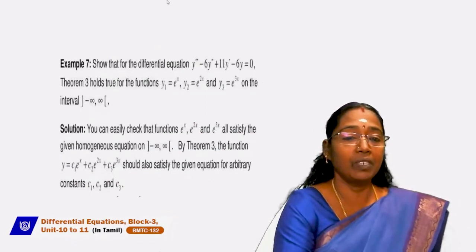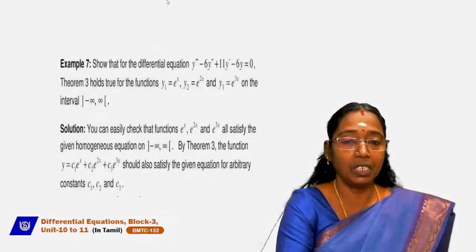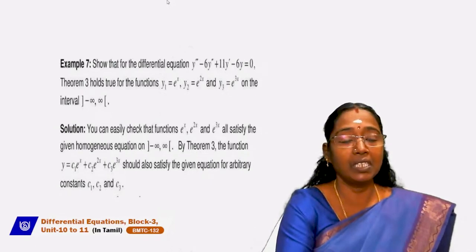Now example 7. Show that for the differential equation y triple dash minus 6y double dash plus 11y dash minus 6y equal to 0, you have to verify that theorem 3 holds true for the functions y1 equal to e power x, y2 equal to e power 2x, y3 equal to e power 3x on the interval minus infinity to plus infinity.